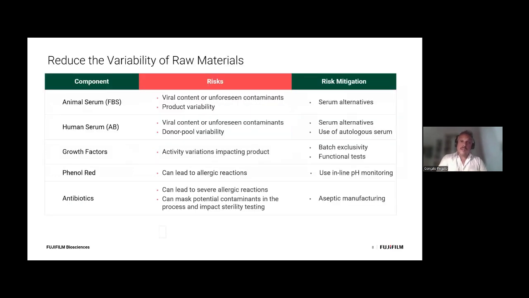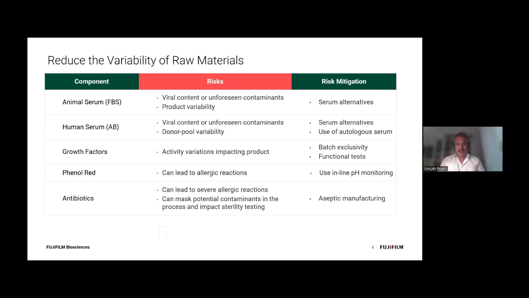So starting with the raw materials, clearly one of the most important materials in cell therapy manufacturing is cell culture media, right? And when we take, as I said before, a risk-based approach to this, and we look at elements that are typically used to supplement or that are intrinsic parts of cell culture media, particularly when we start in academia developing these processes, for instance, animal serum, fetal bovine serum, is commonly used.